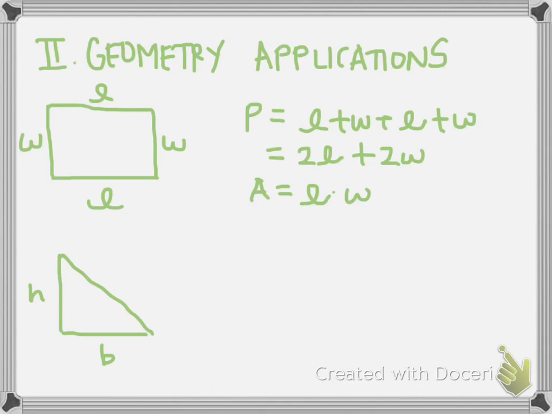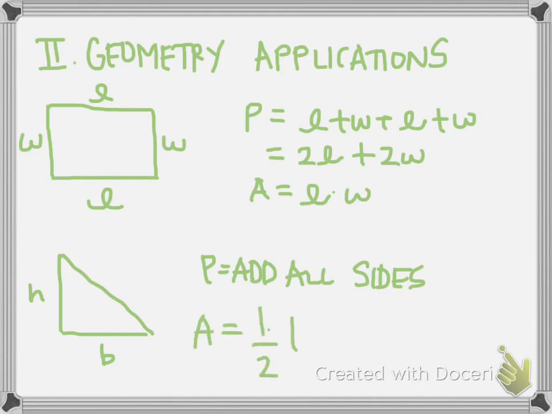The perimeter of a triangle would just be to add up all the sides. And then your area of a triangle would be 1/2 your base times your height. Okay?